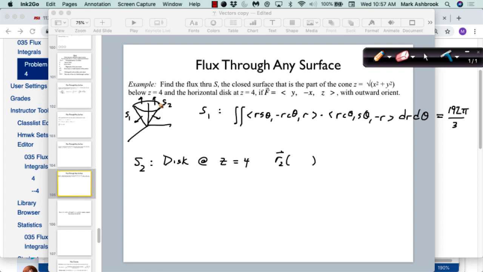R and theta again, right? Because we want the points any distance from the z-axis, and at any theta. That will give us r cos theta, r sine theta, and z is always 4.